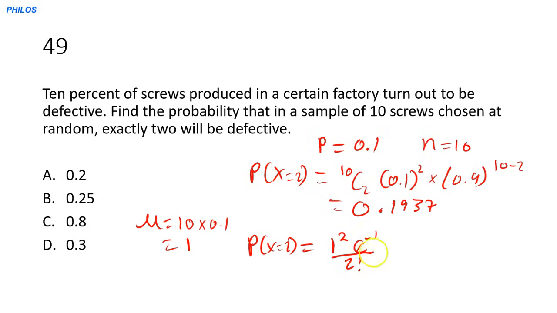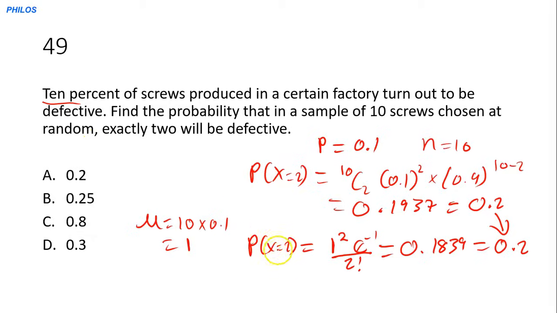So when you put this on calculator, you get 0.1839. If you approximate this to 1 decimal place, you get 0.2. If you approximate this to also 1 decimal place, you get 0.2. You see that we end up getting same answer. But I'll advise you that you should use Poisson because whenever probability of success is very small, it is good to use the Poisson, okay? When the probability of success is small, you use Poisson, okay?